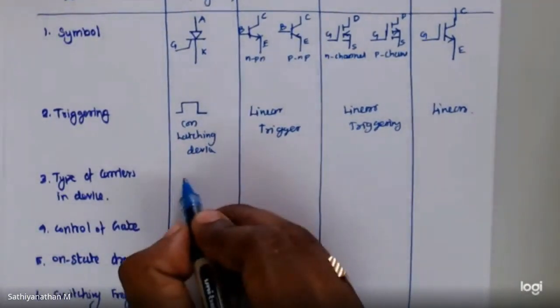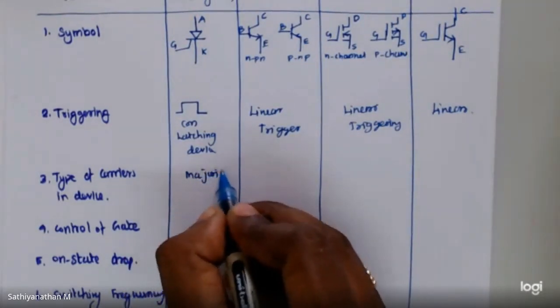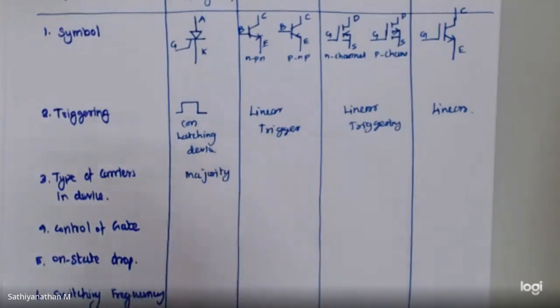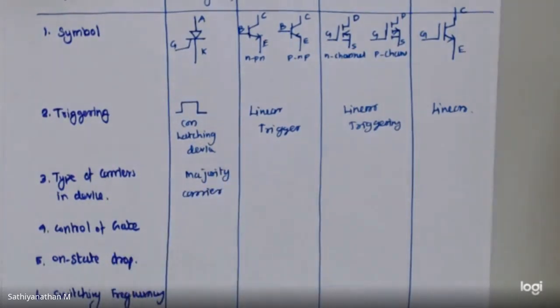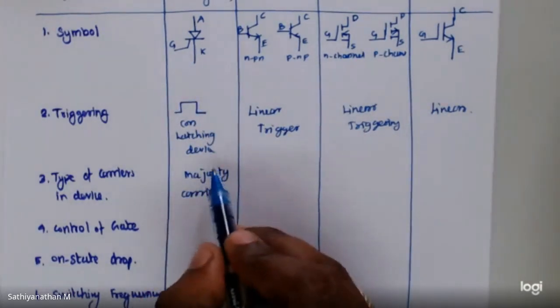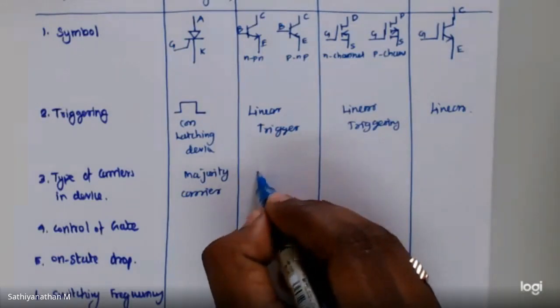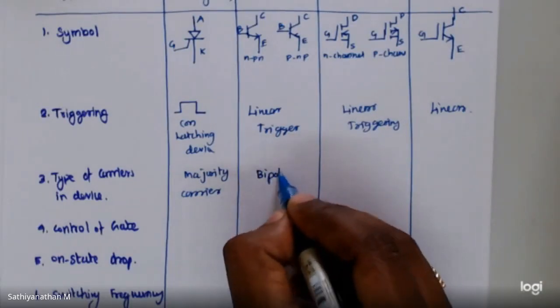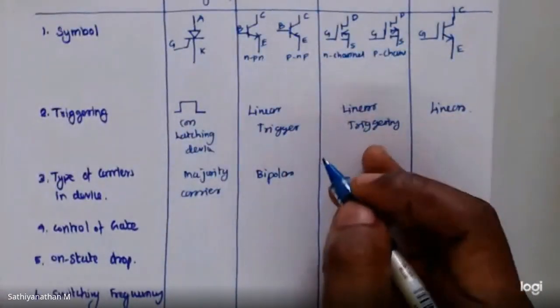So thyristor is a majority charge carrier device. It is a majority carrier device. So it controls the current flow, right? And BJT is a bipolar device. It controls both holes as well as electrons. So the current direction is in both ways.